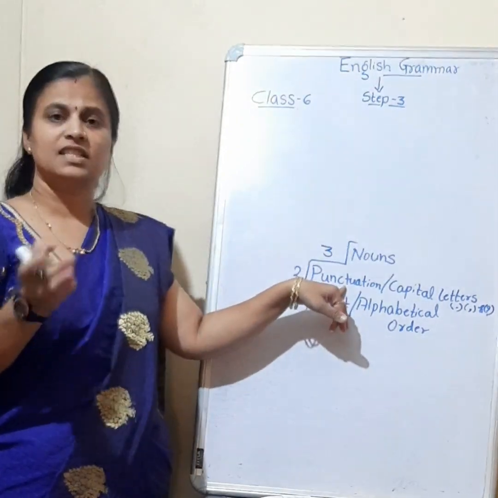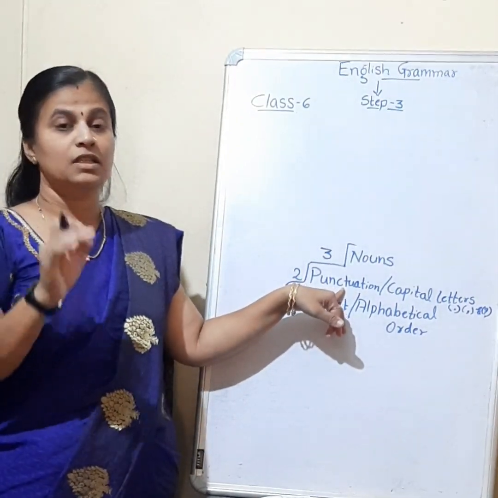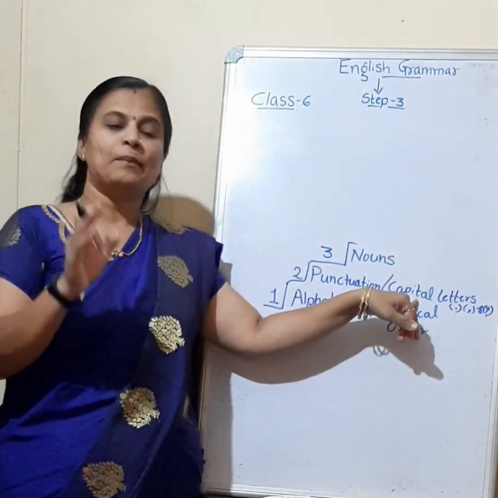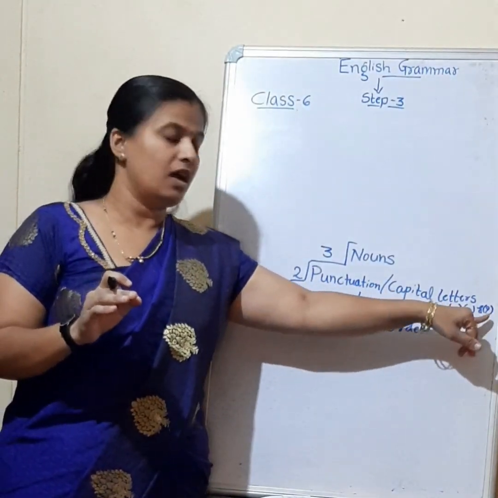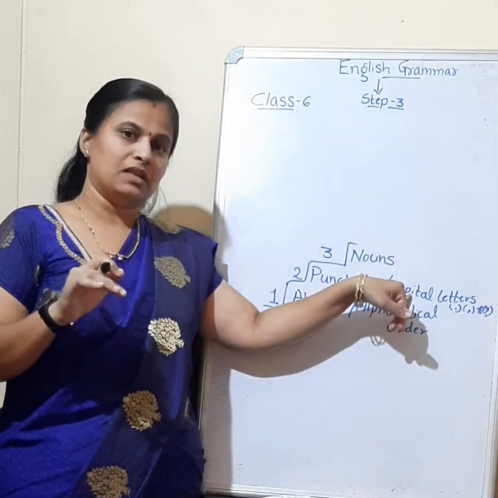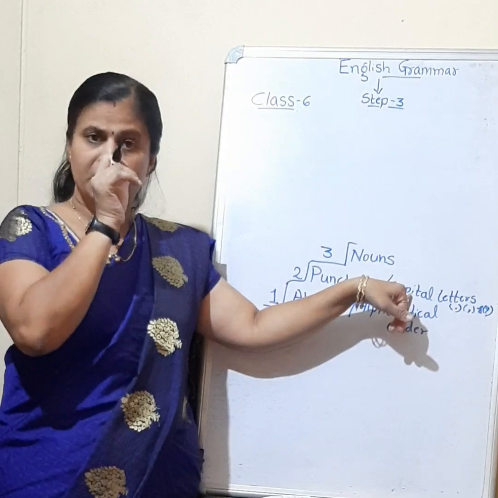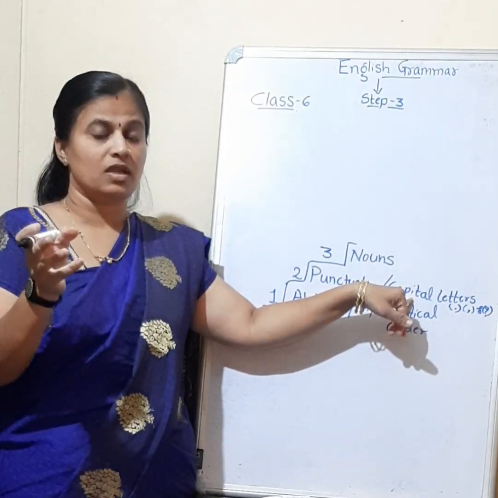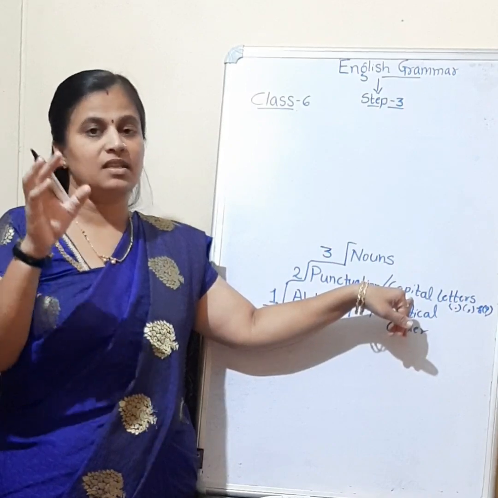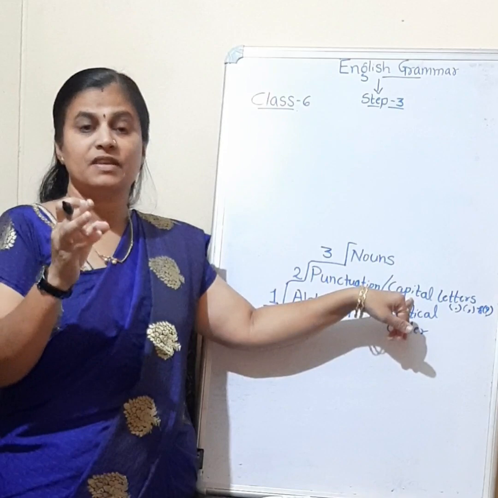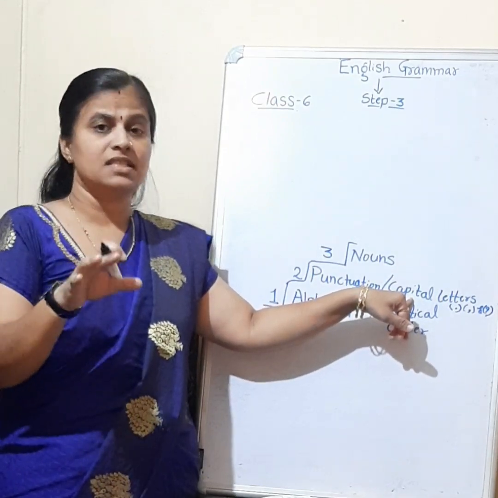The next, in the second step, is punctuation. Particularly we concentrated on capital letters, full stop, comma as well as the question mark. When do we use capital letters? The first very important thing is whenever we use proper nouns, like names of places, persons, things, as well as books, films, festivals, languages and countries.